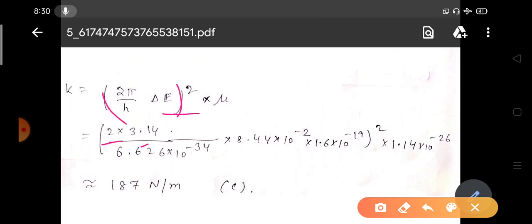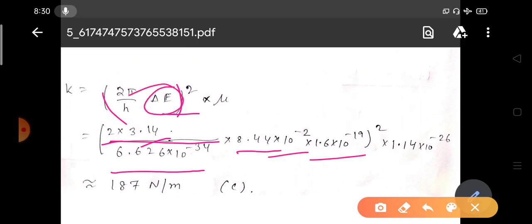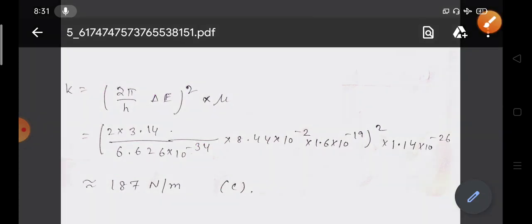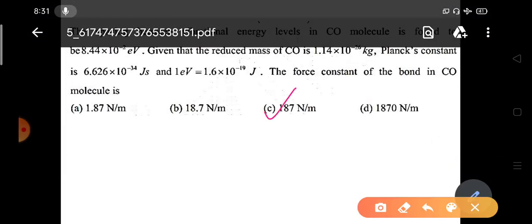That is 2 into 3.14, divided by h, 6.626 × 10^-34, into delta E, 8.44 × 10^-2, which was in electron volts, so we write it in joules, into 1.6 × 10^-19, whole square, into mu, 1.14 × 10^-26. What we get is 187 Newton per meter. The answer is 187 Newton per meter.